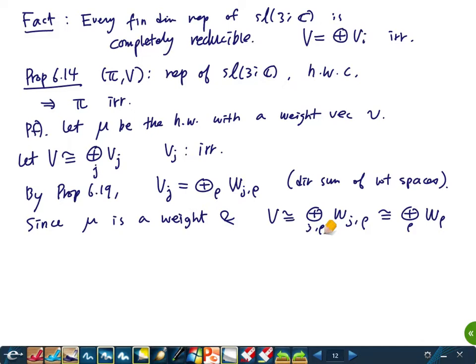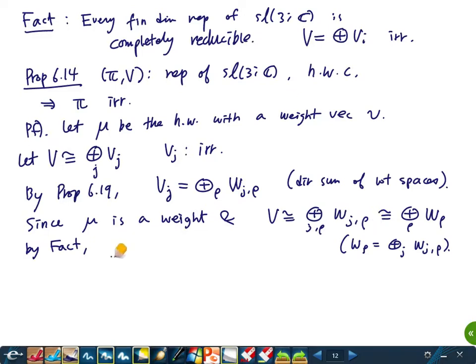But then, V_rho, this is a direct sum, like that. And by the fact that I showed you earlier, mu must be exactly one of these rho. You cannot combine two weights to get a new one.